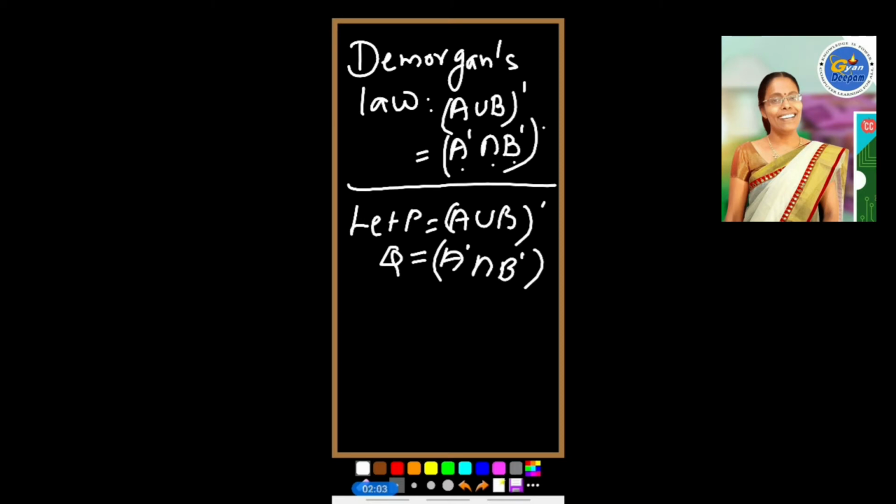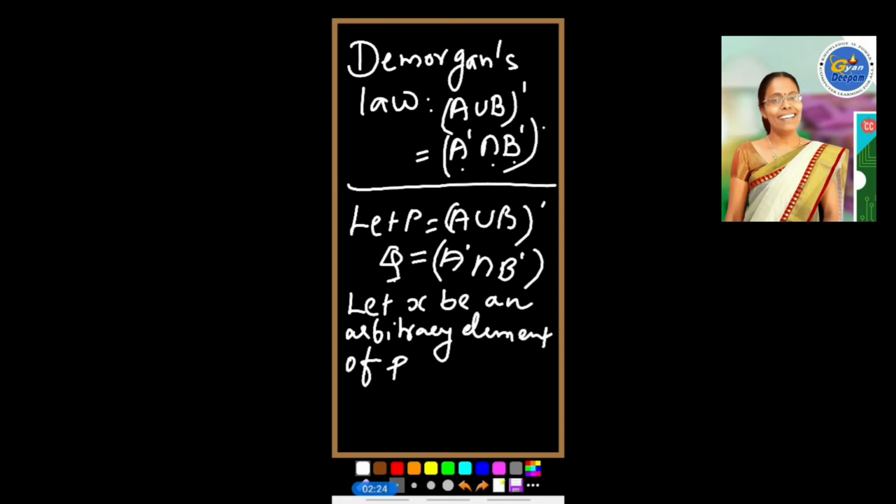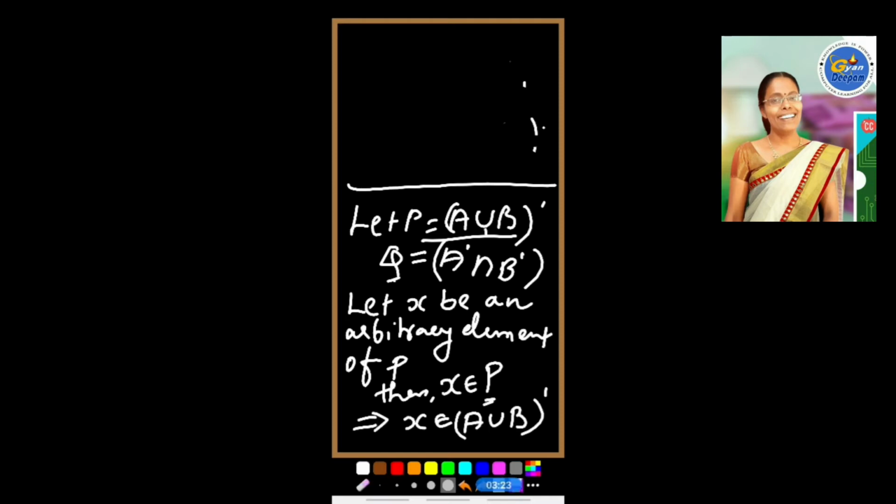Then the assumption is: let x be an arbitrary element of P. P means (A union B) whole complement. So I'm assuming x is an arbitrary element of P. From these statements, I can write x belongs to P implies x belongs to (A union B) whole complement.